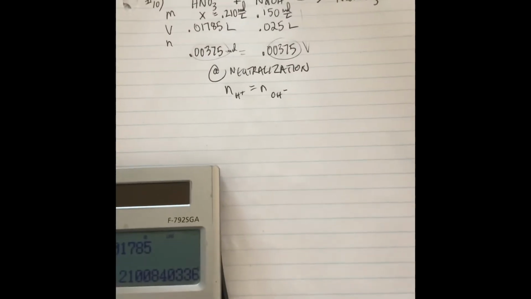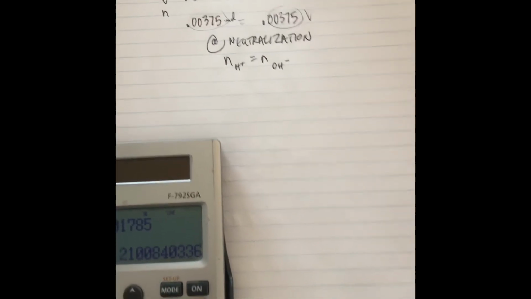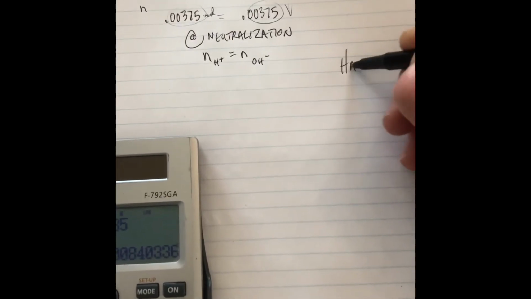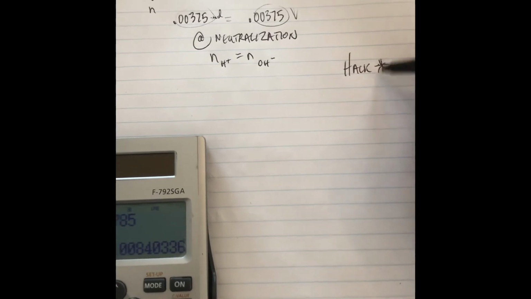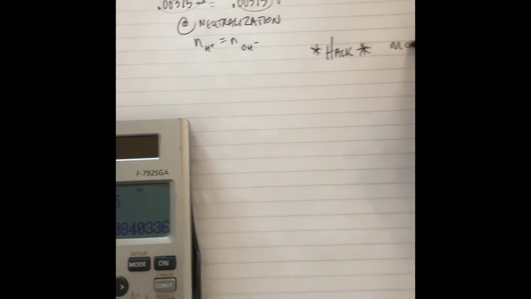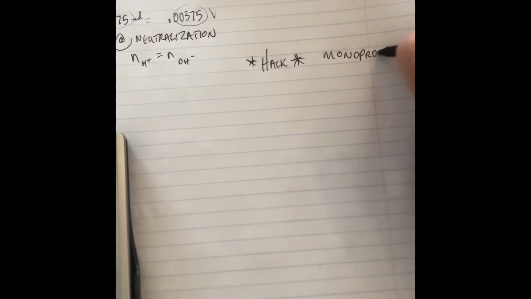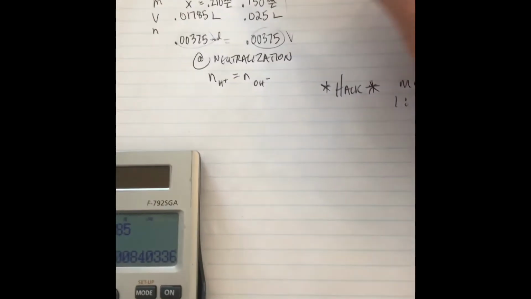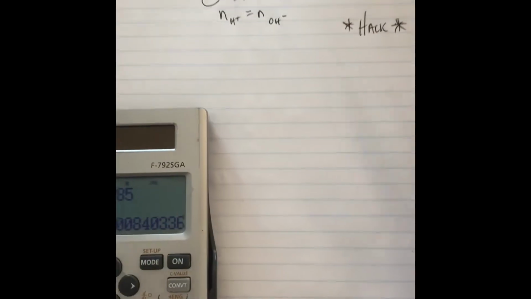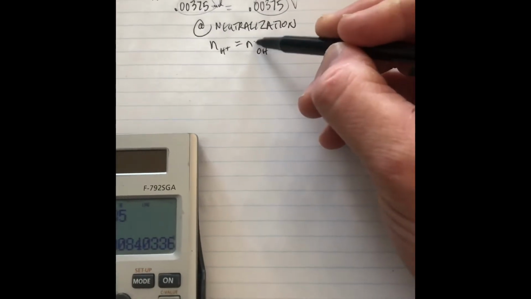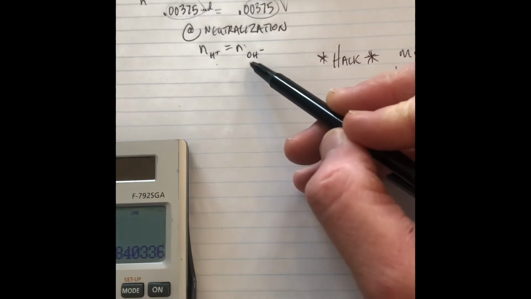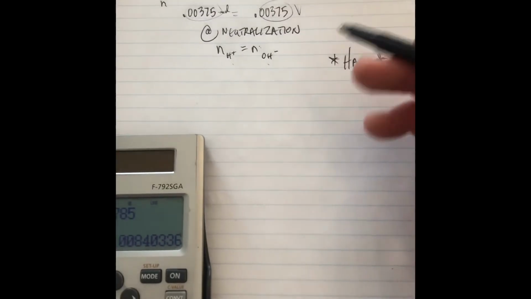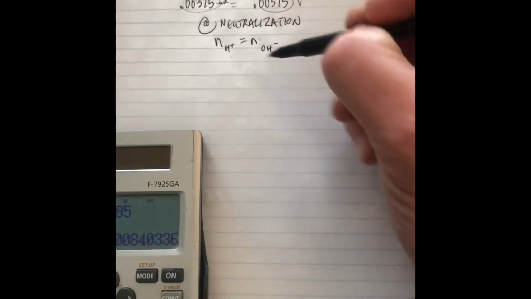Now, I did show in the slides that there's a hack you can use here, but it's only for monoprotic acids. In other words, a 1-to-1 ratio of acid to base. The moment you start getting 2-to-1 ratios, this hack breaks down. So the hack relies upon this idea of the moles of hydrogen equaling the moles of hydroxide. I expand on this idea in the PowerPoint.